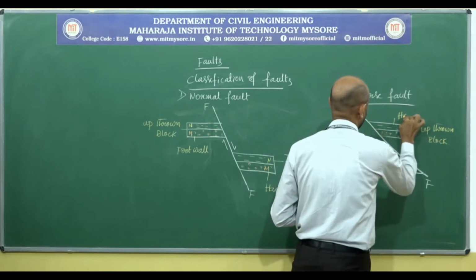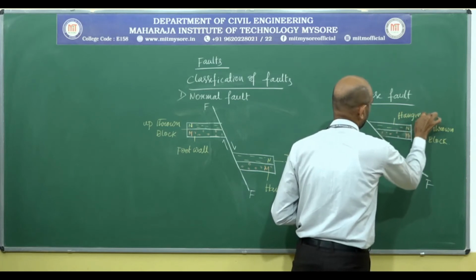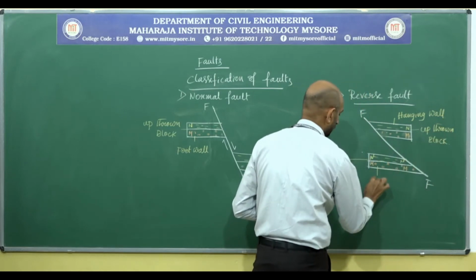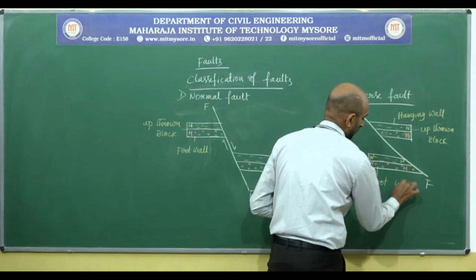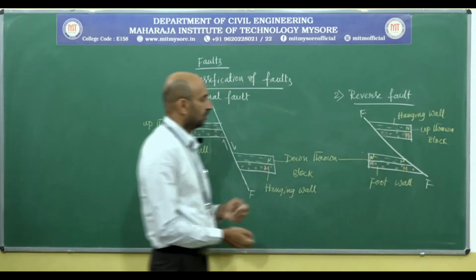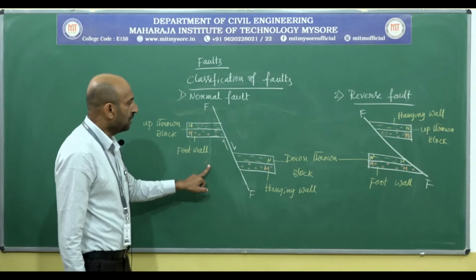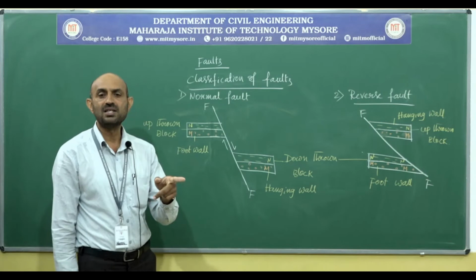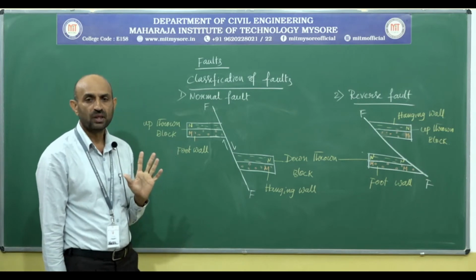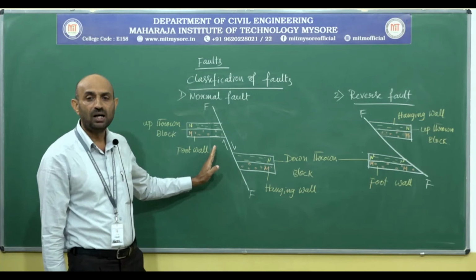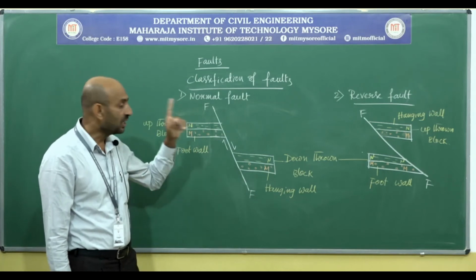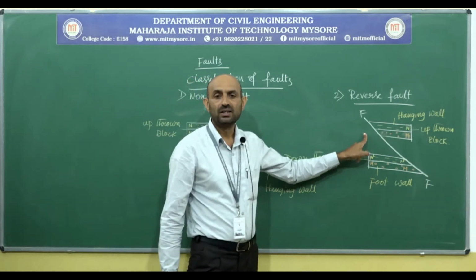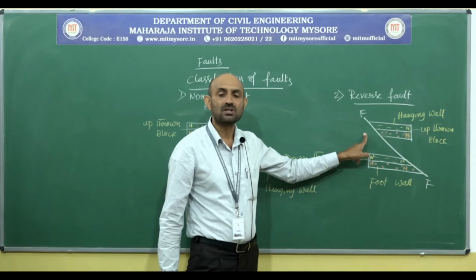This one is hanging wall. This one is foot wall. This one is normal fault, this one is reverse fault. Very simple. How do we differentiate these two? This normal fault is caused by tensional force, while the reverse fault is produced by compressional force.